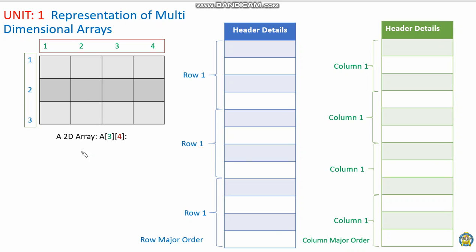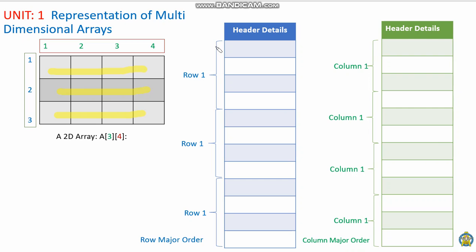Now if I use the row major order, we can consider this two-dimensional array as a sequence of 3 linear single-dimensional arrays. So we have the first array, second array, and third array. In row major order, each array is represented row wise.